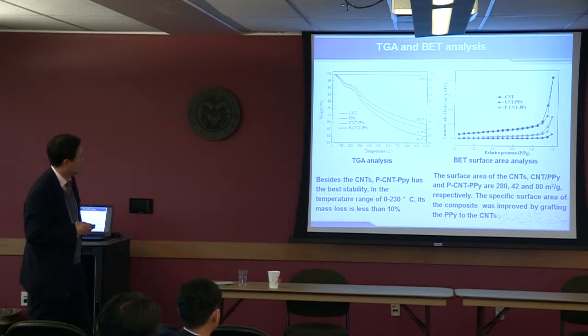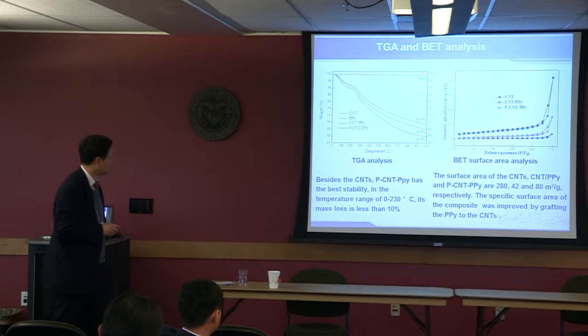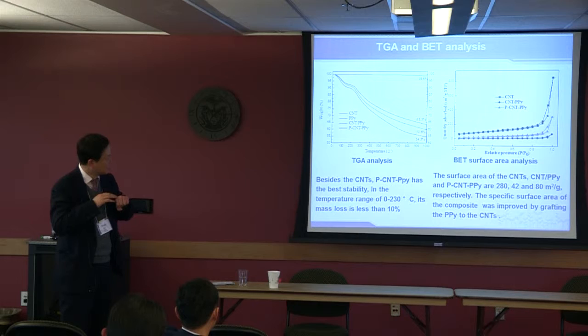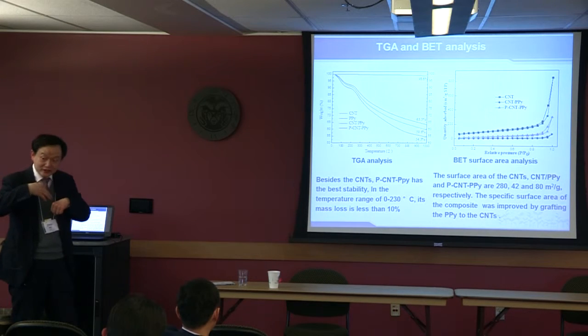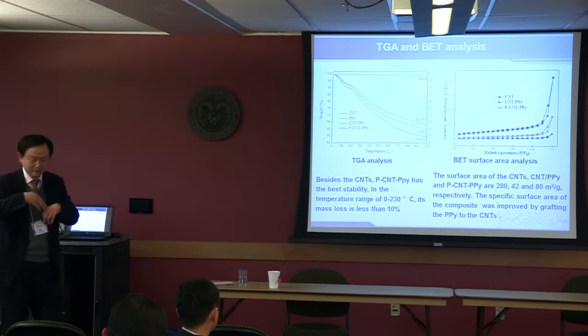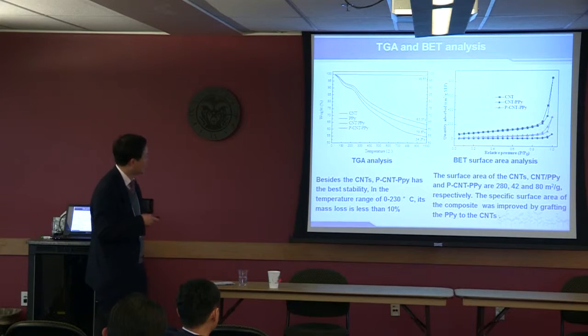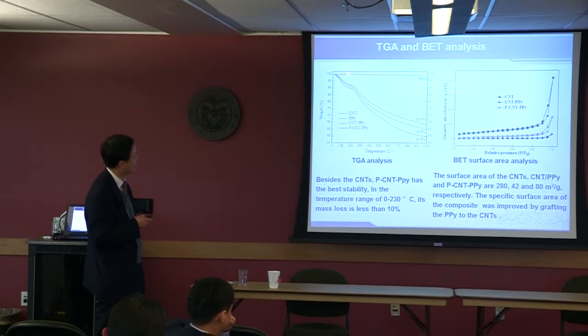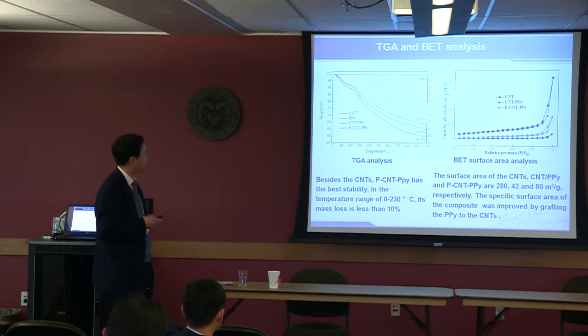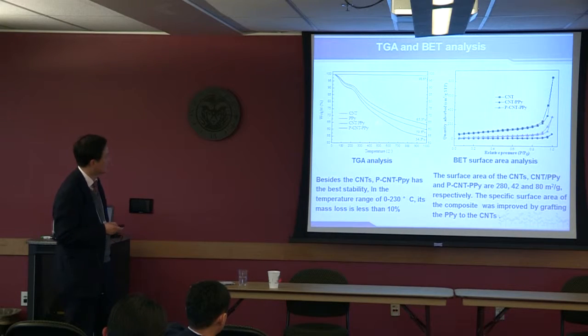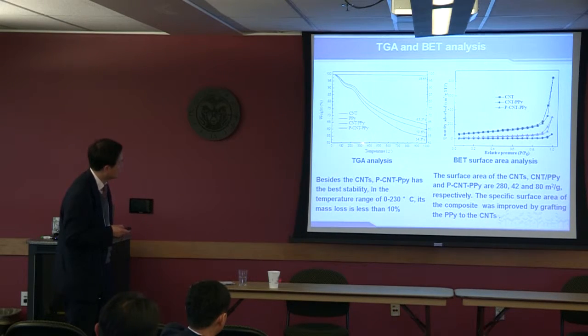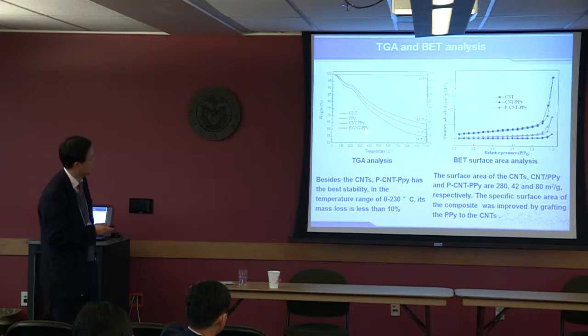For this one, we do the TGA analysis to see if the polypyrrole groups are stably linked on the surface. And the data shows it is relatively stable. Of course, besides the original carbon tubes, this one is relatively stable, especially when we apply it in the common temperature range.